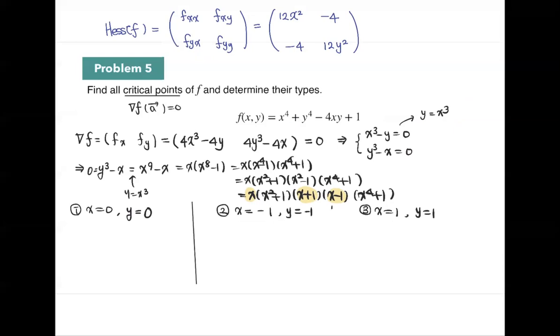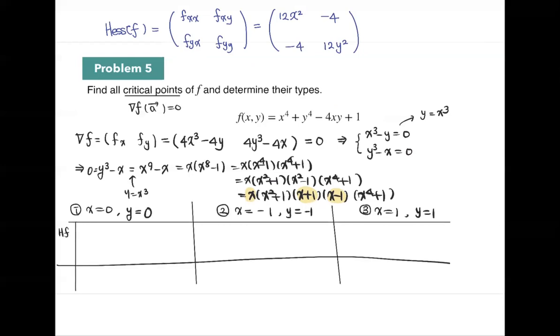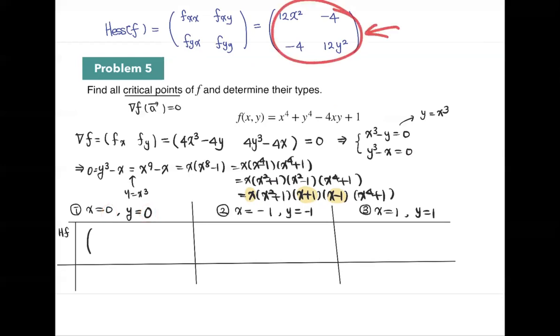In these cases, let's think about the Hessian matrix, Hf. Putting in x equal to 0 and y equal to 0, our Hessian matrix is 0, minus 4, minus 4, and 0.